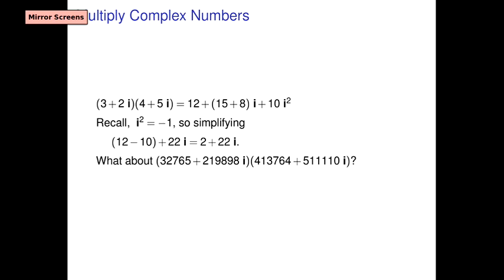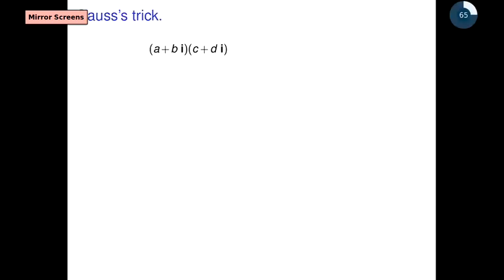Okay, so Gauss was faced with this. Because he didn't have computers, he would do it by hand. In addition to inventing mathematics, he also had to do the actual numerical calculations. So he was like, this is really not fun. And so what he decided is, let's look at this. a plus bi times c plus di is equal to this expression.